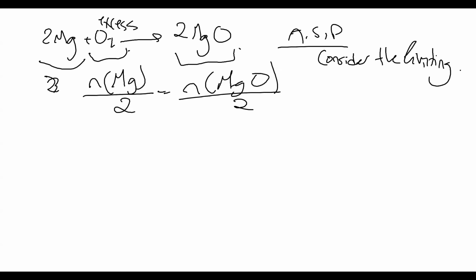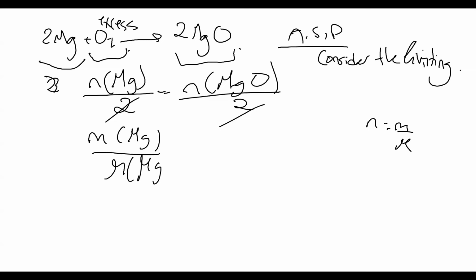And then here we can cross the 2 by 2, and then number of moles of Mg equals, so N equals M over M_r, mass of magnesium over molar mass of magnesium equals mass of magnesium oxide over molar mass of magnesium oxide.